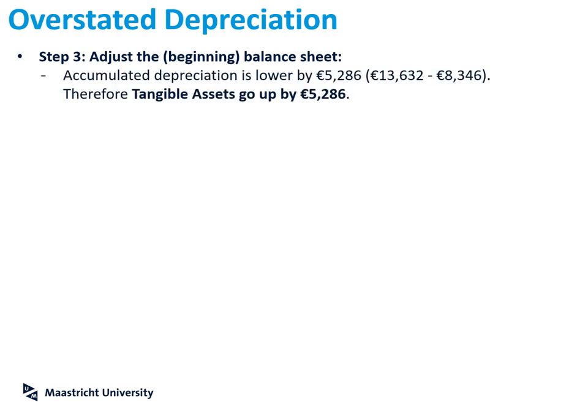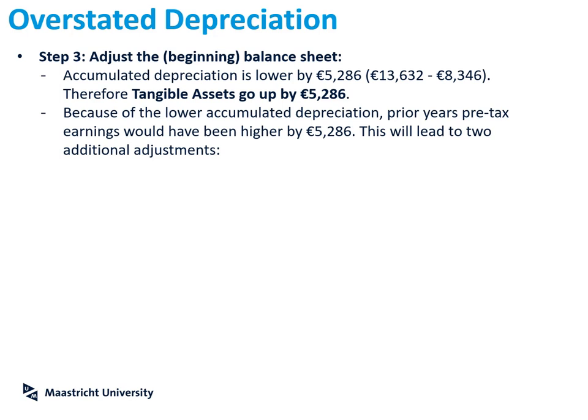Because accumulated depreciation should go down by 5.286 billion. So that InBev records 13.632 billion. Under our assumptions, that should have been 8.346 billion. So we want to lower accumulated depreciation by 5.286 billion, which means that tangible assets are going up by 5.286 billion.